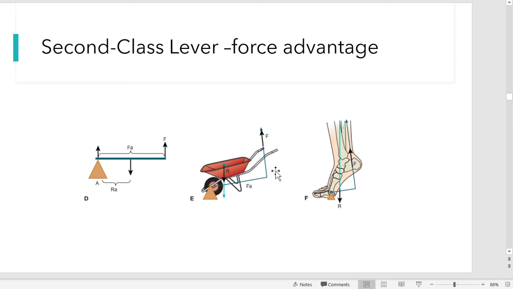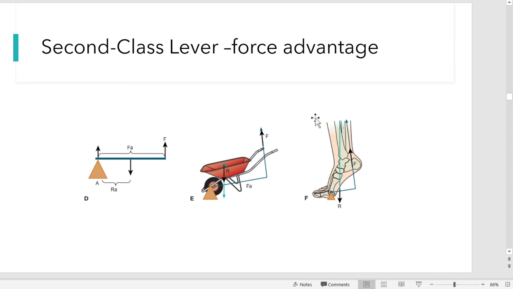Now, in here we have the force arm. The force arm starts from your fulcrum to where the force is exerted, while your resistance arm, again, is the perpendicular distance from the fulcrum to where the resistance is located.